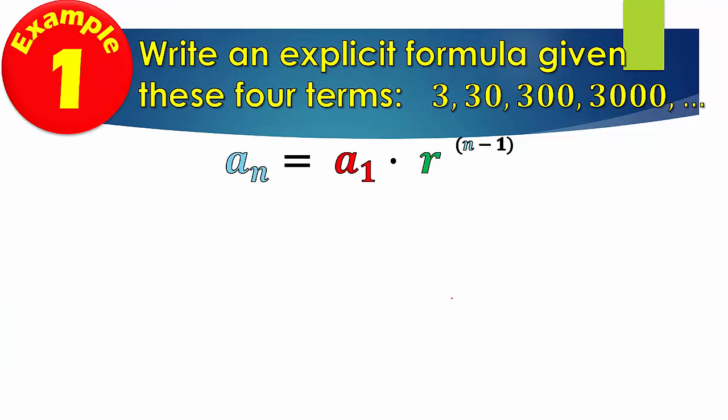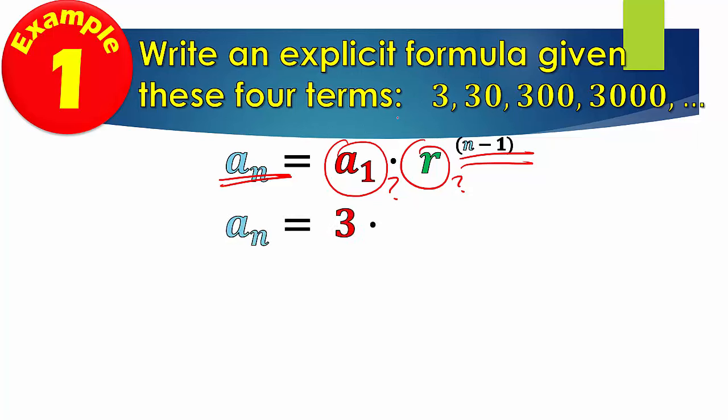So let's take a look at the first example. We want to write an explicit formula given these four terms. So we've got 3, 30, 300, 3000. So all we have to do is write a formula. So this is not changing. All we need to do is plug in for this and this. This is nice and easy. What's the first term of this sequence? It's 3.